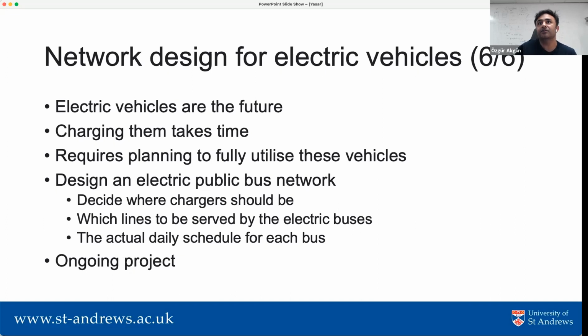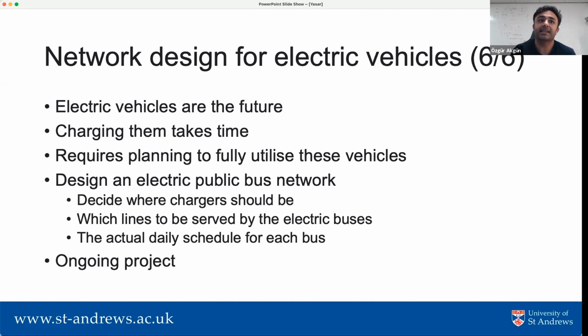And we've started recently using electric vehicles in public transportation. In Izmir, I think at least 20 electric buses were recently bought, and they are being used in the public bus network. What they do currently is they basically took the expertise of the existing bus drivers and the schedulers to decide where to charge the buses and which lines to use them on.